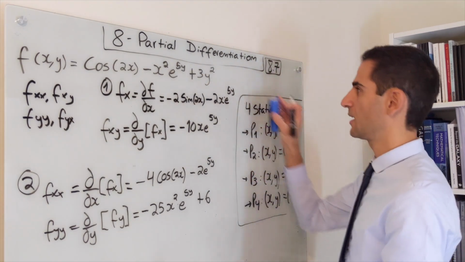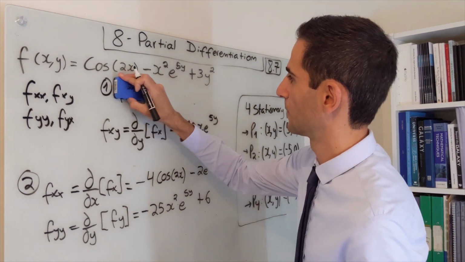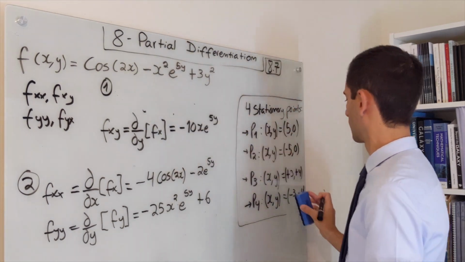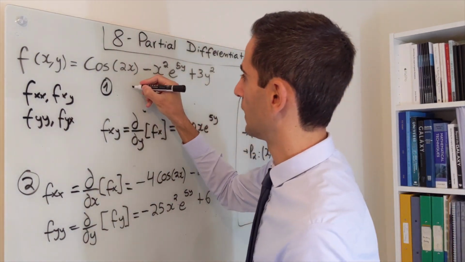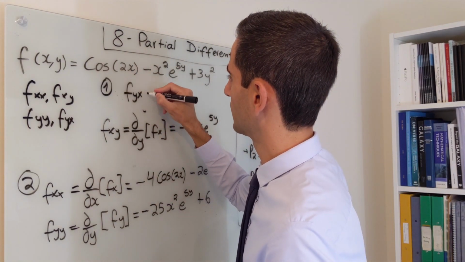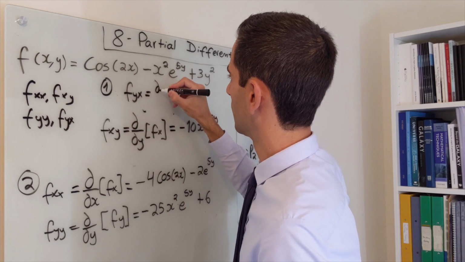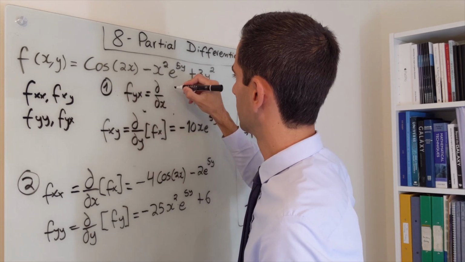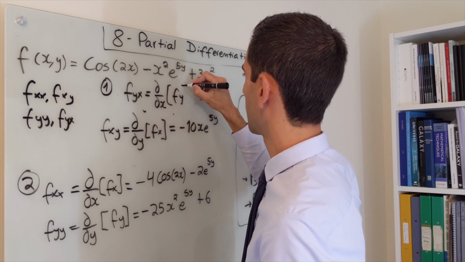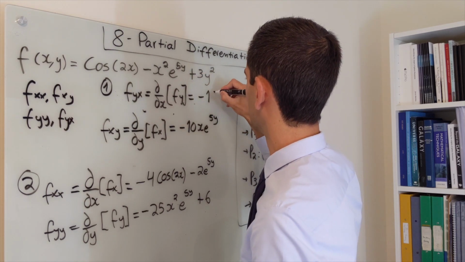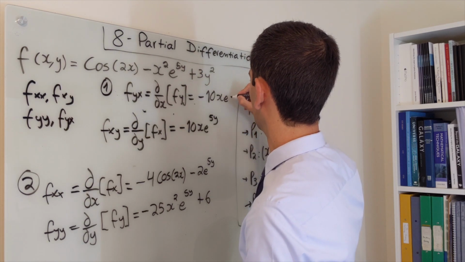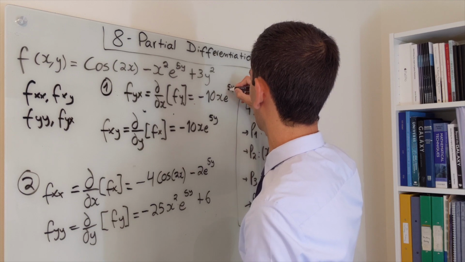And if we do the same for f_yx, this is applying d/dx to f_y. We also get minus 10x e to the power of 5y.